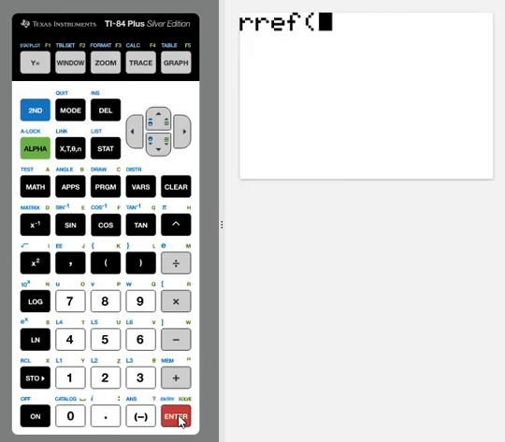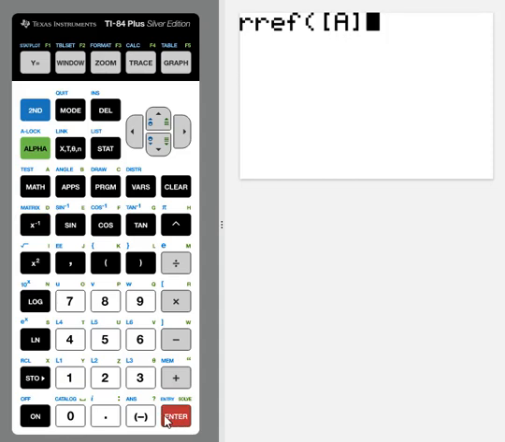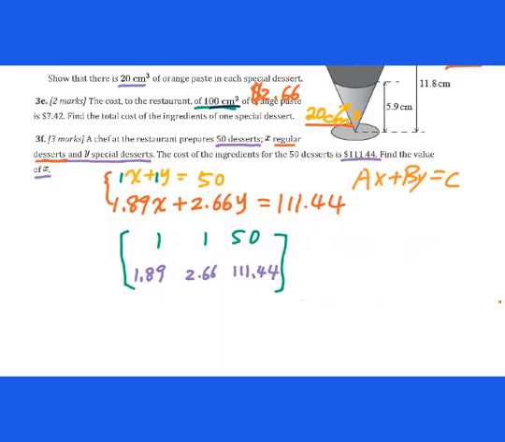Then we press enter. We go back to matrix again. Then enter. Take this A outside, then enter. This will be the x, here is y. X equals 28, y equals 22. This x will be regular desserts.